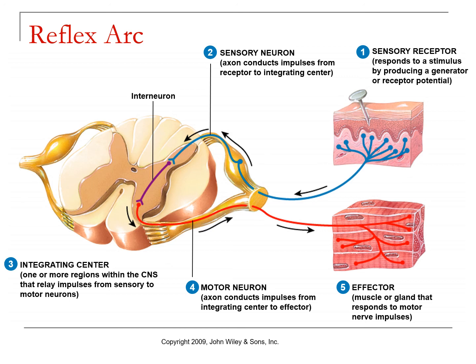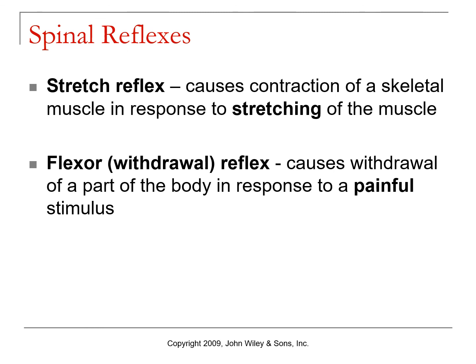So we are going to consider 2 somatic reflex arcs that integrate right in the spinal cord. The 2 reflex pathways we will consider are the stretch reflex, also known as the knee jerk reflex.